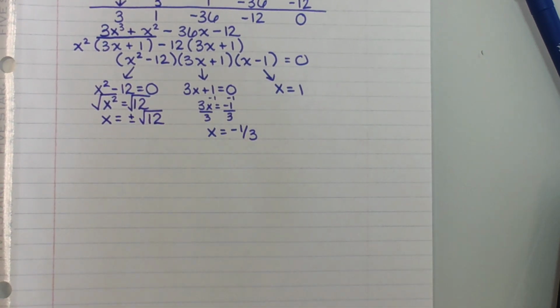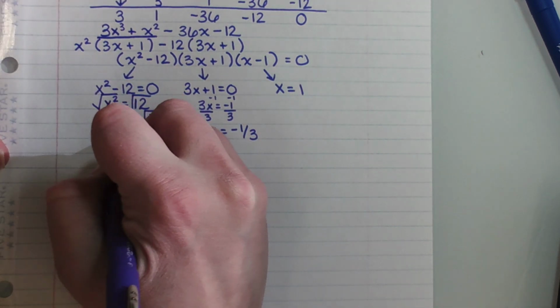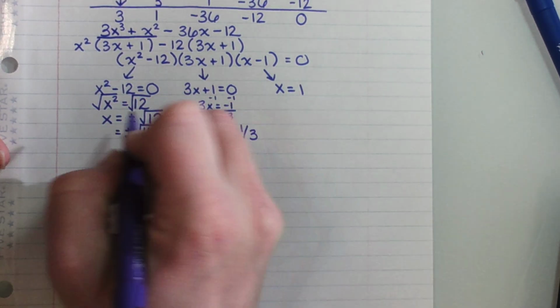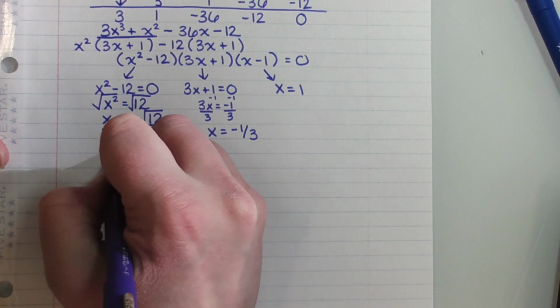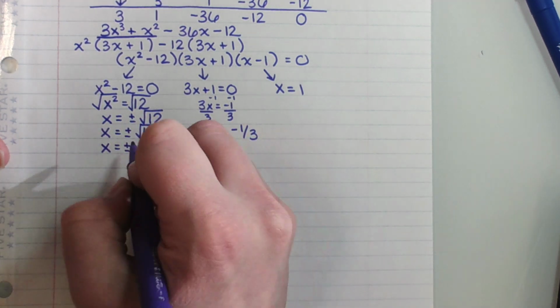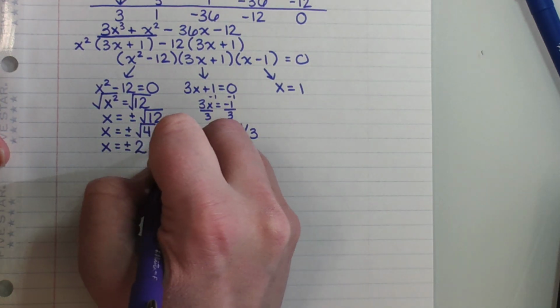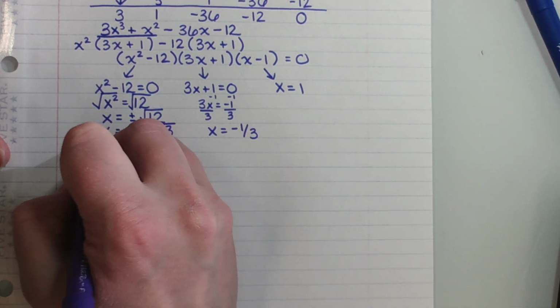Does 12 divide by any perfect squares? 12 is 1 times 12, 2 times 6, and 3 times 4. Are any of those perfect squares? 4 is a perfect square. And it was 3 and 4 getting multiplied together. Simplify the perfect square. The perfect square was the 4. Square root of 4 is 2. Leave the square root of 3 alone.